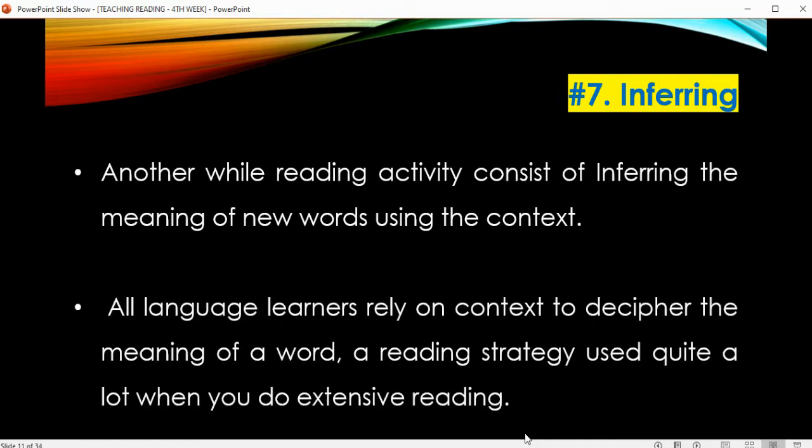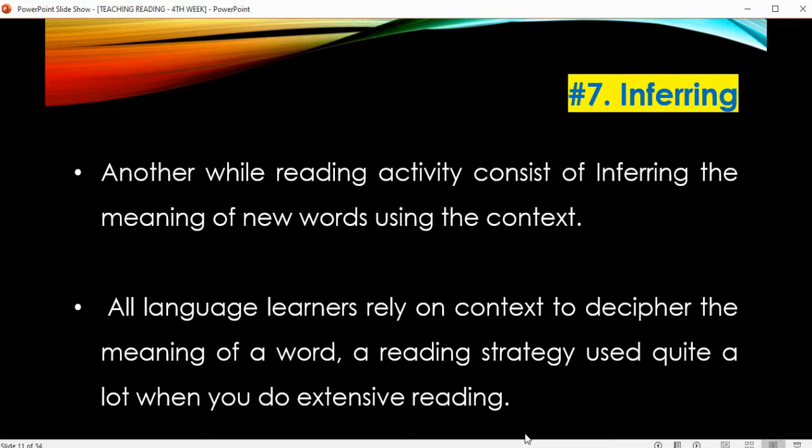All right? All language learners rely on context to decipher the meaning of a word. A reading strategy used quite a lot when you do extensive reading. Remember where we talked about this kind of reading? Extensive reading means that we are going to read for pleasure.